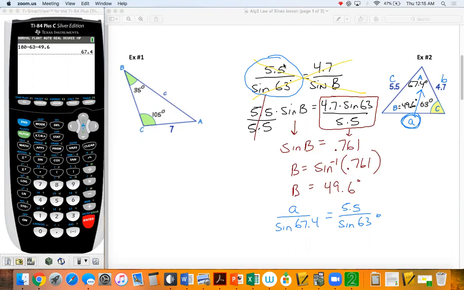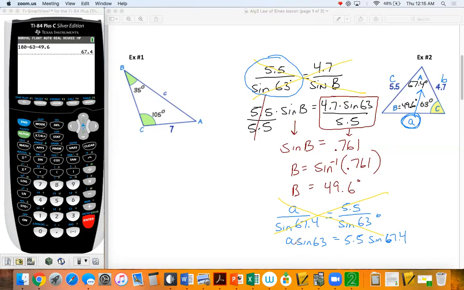Cross multiply. So we've got a times sine 63, which equals this cross product, 5.5 times sine 67.4.